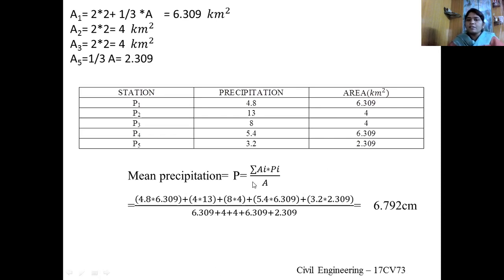So mean precipitation is summation AiPi by A, where we calculate 4.8 into 6.309, 13 into 4, 8 into 4, 5.4 into 6.309, 3.2 into 2.309, the entire thing divided by the total area, that is 6.309 plus 4 plus 4 plus 6.309 plus 2.309, which is equal to 6.792 centimeters. So in this way, you have to determine each area of that particular catchment or rain gauge station and then further proceed with the calculations.